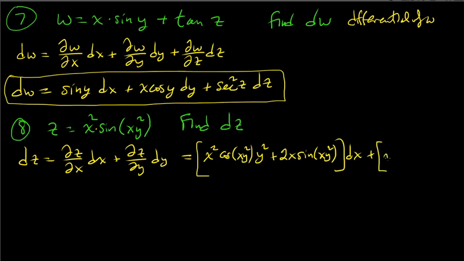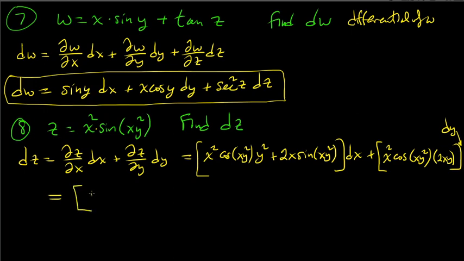Luckily now x is a constant, so this is x squared. And then the derivative of sine is cosine. Sorry, I'm writing too small here, so x squared times cosine of xy squared, and then the derivative of xy squared is 2xy times, sorry, dy here. All right, let's write it all out here, right?